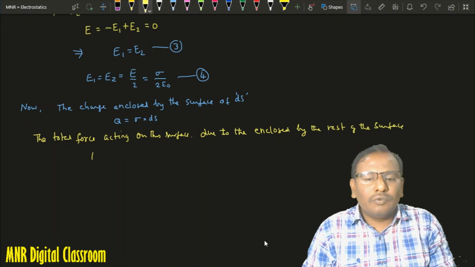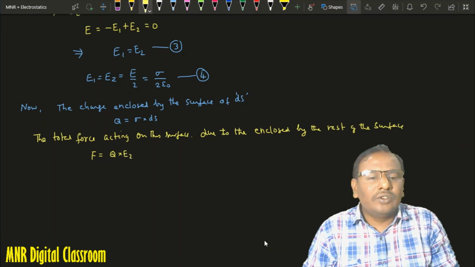Therefore, the force acting on the surface ds due to the charge on the rest of the surface is Q into E2, because E2 is the electric field due to the charge on the rest of the surface.